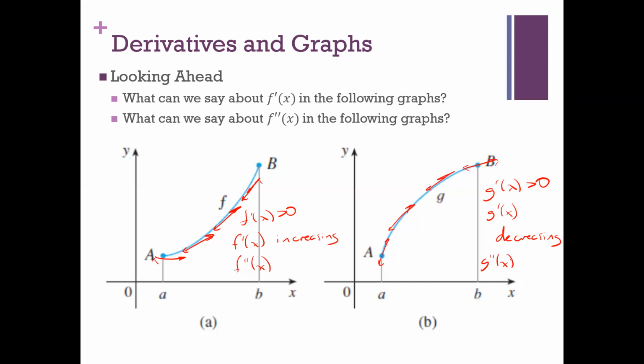Not f, but f prime, right? f prime is the first derivative of f. f double prime is the first derivative of f prime. So no matter what derivative you're talking about, it tells you something about the function that it came directly from.